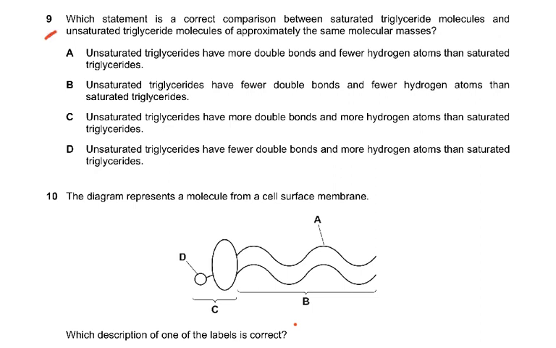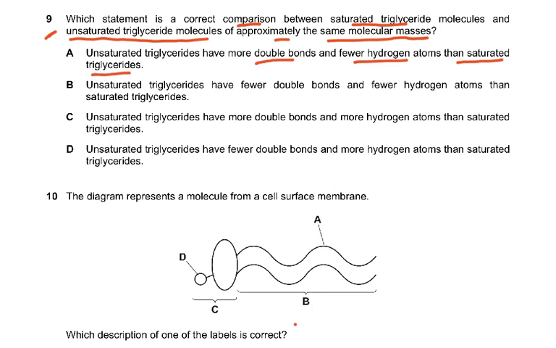Question number 9. Which statement is a correct comparison between saturated triglyceride molecules and unsaturated triglyceride molecules of approximately the same molecular masses? Now, when you read these sort of questions, you must be very clear about it. Number one, you have to be clear that unsaturated have double bonds. Saturated do not have any double bonds. So unsaturated triglycerides have more double bonds and fewer hydrogen atoms than saturated triglycerides.